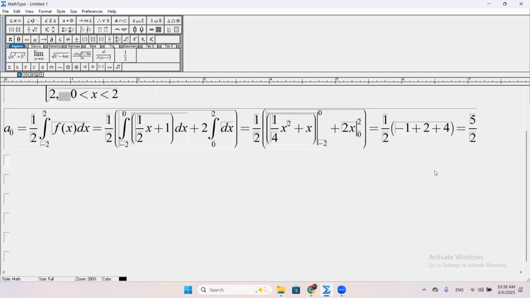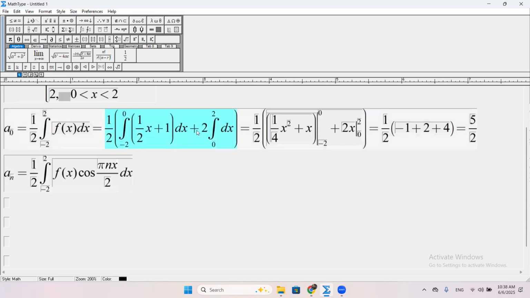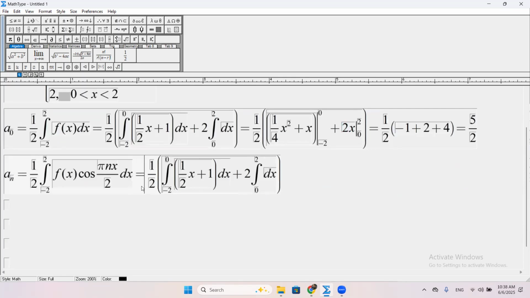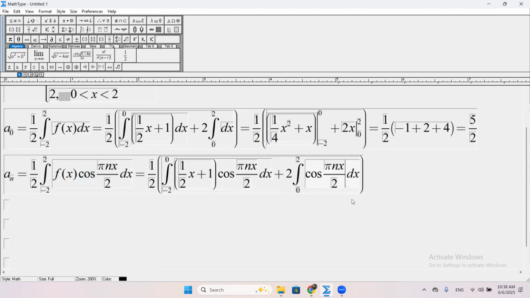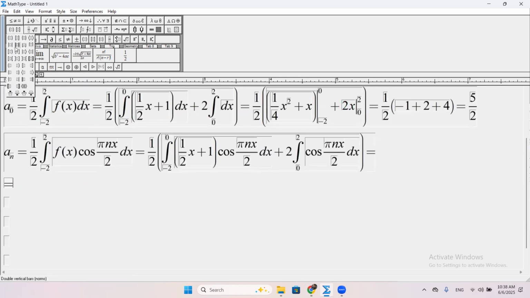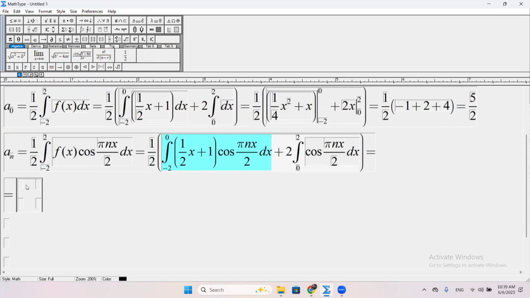So now calculating an. Multiplying this function by cosine of P n x over 2. And here I will substitute this cosine. So let's calculate this integral by parts.